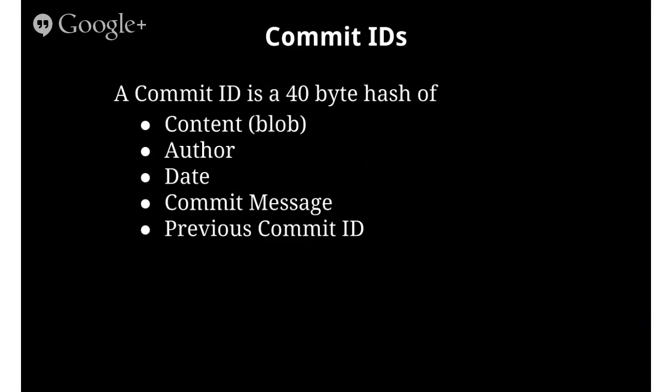Right? Does that make sense? So essentially, if you want to go back and you want to change any single thing, be it the content, be it the author, be it the previous commit, be it the commit message, you're going to change the whole ID of the commit, which means that you're actually creating a new commit, and that other commit is still going to be there.